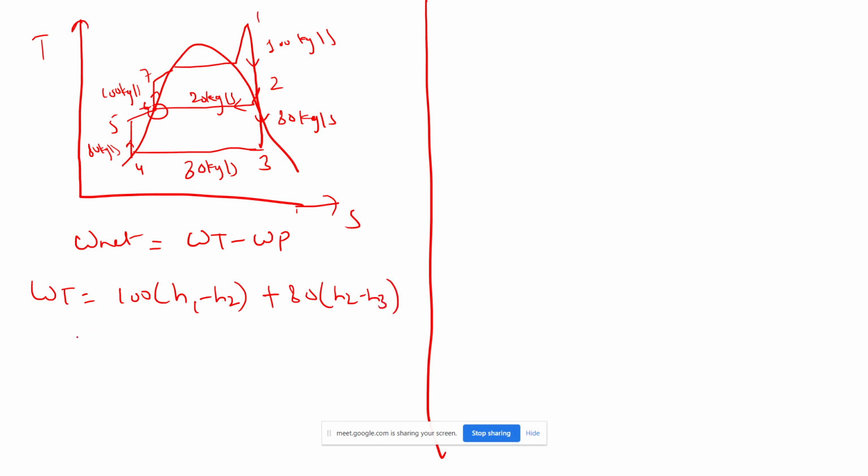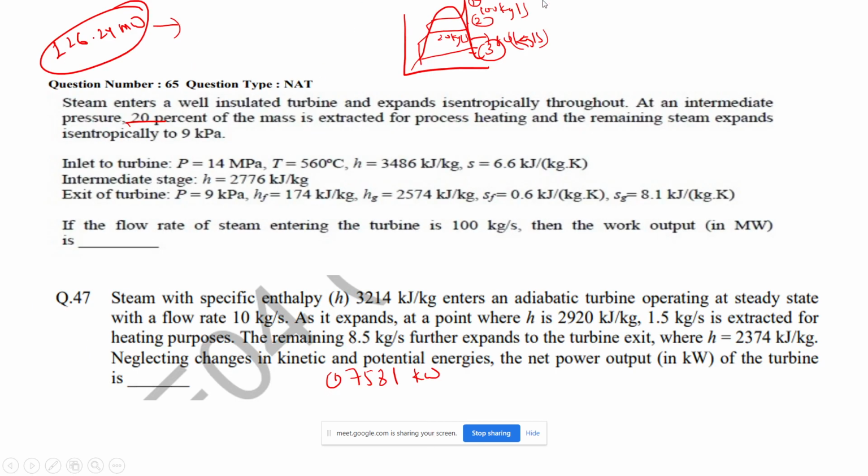And the pump work will be 80 into H5 minus H4, plus 100 into S7 minus S6. So we have to see the values.